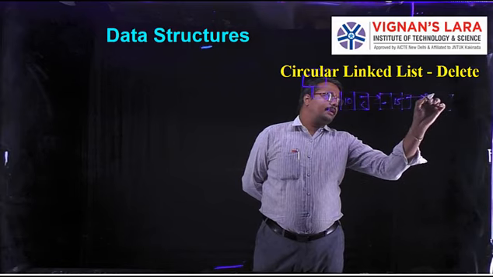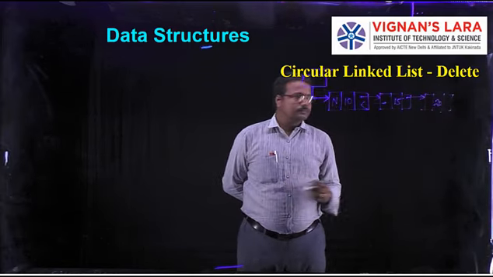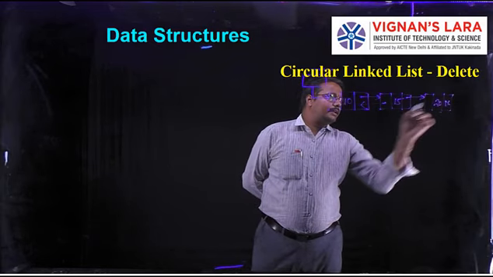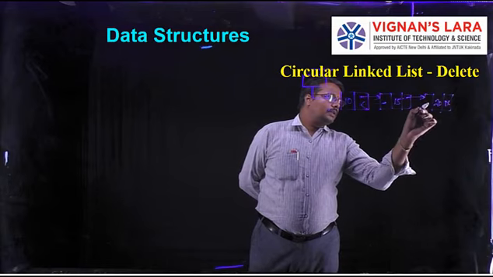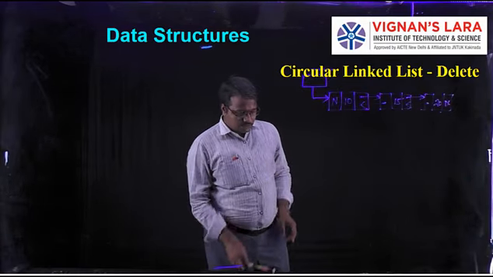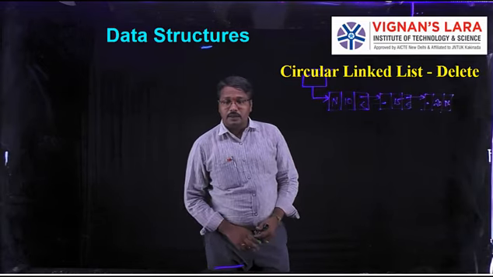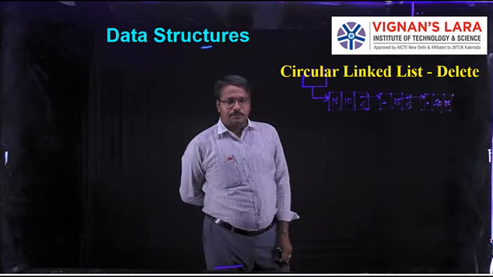Say the next element is 20. Here it is null. Here also the previous node address is saved. So this is the case of a double linked list in general.